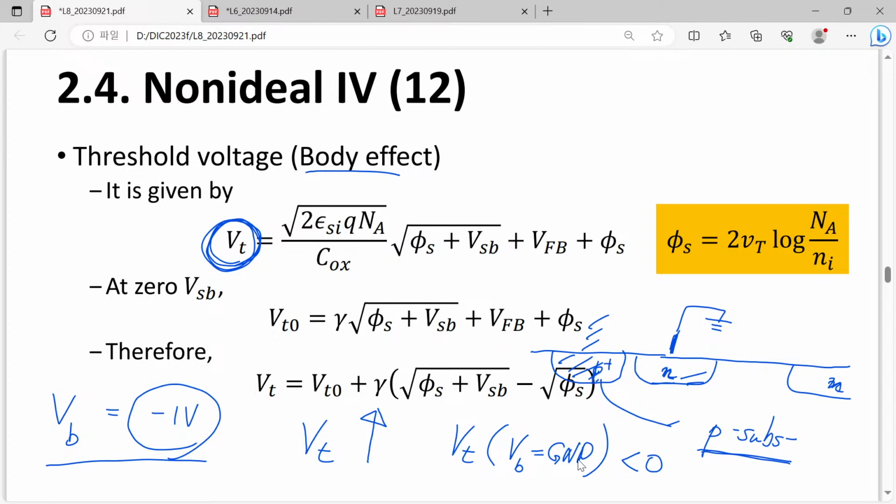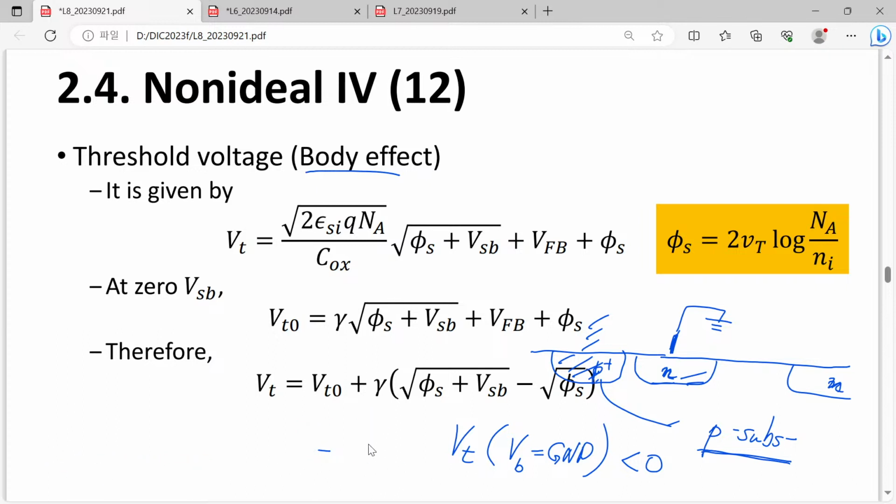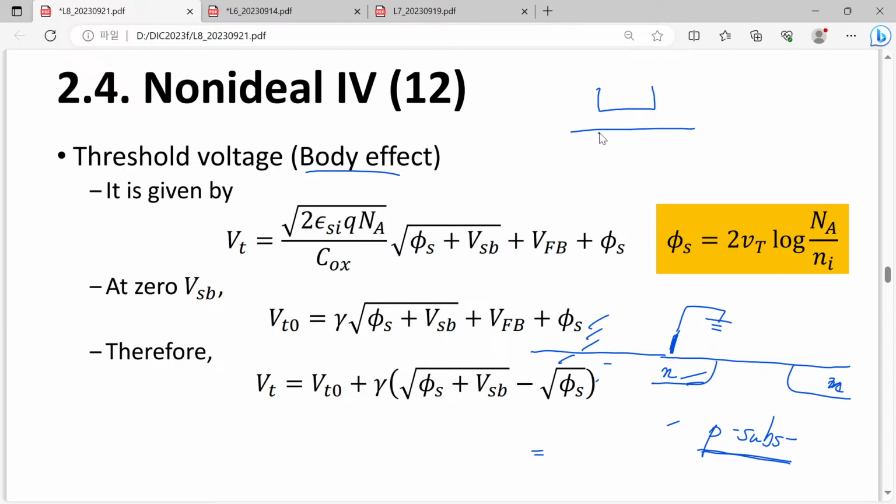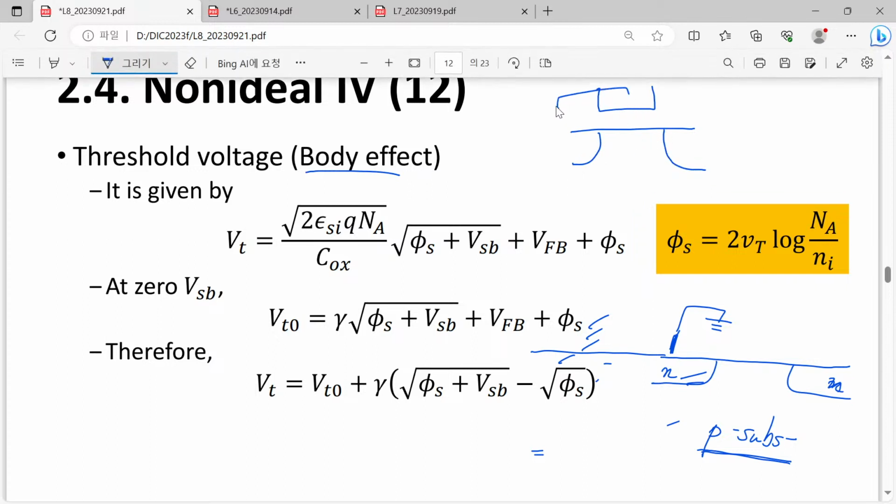So why is it important? Increasing the threshold voltage is sometimes quite important. Think about this one. Let's say here you have a transistor, and your VDD is given, for example, 0.7.